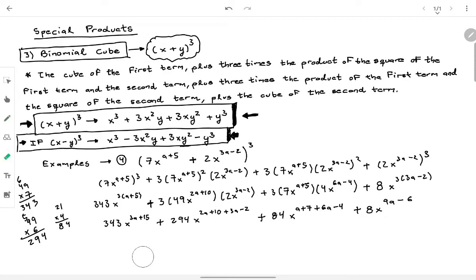So we will get 343x to the 3a plus 15 plus 294x to the 5a plus 8 plus 84x to the 7a plus 3 plus 8x to the 9a minus 6.